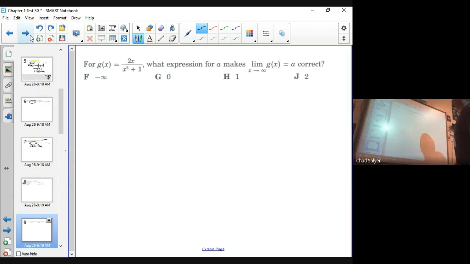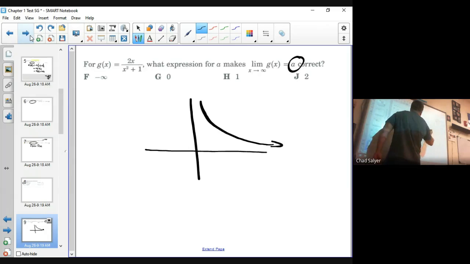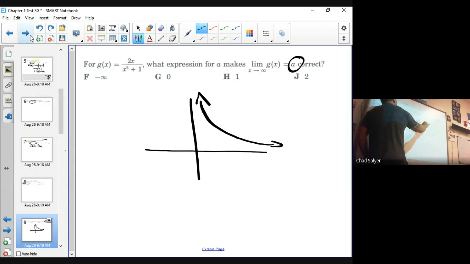Problem 8, for g of x equals 2x over x squared plus 1, what expression for A makes the limit of g of x as x goes to A equals A correct? In other words, what does it go to as x goes to infinity? Well, if we look at this, we're going to see to the right, it's going to get lower and lower and lower.